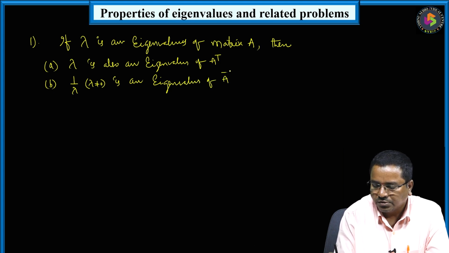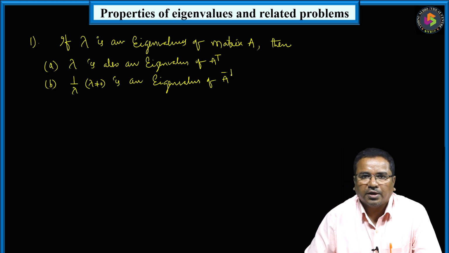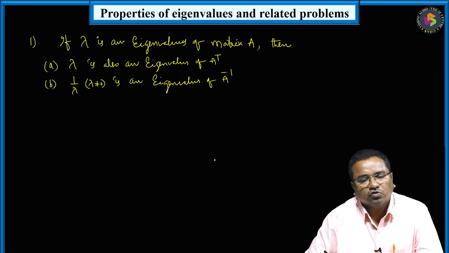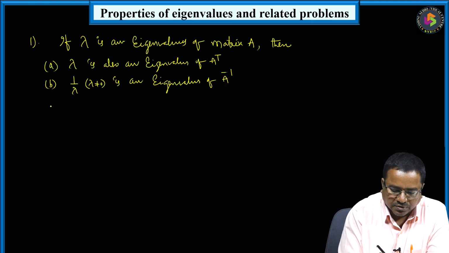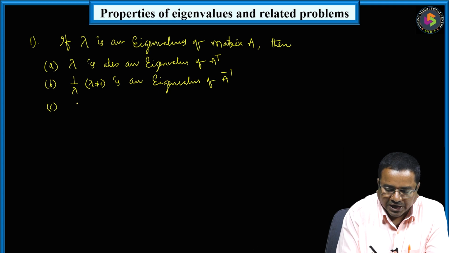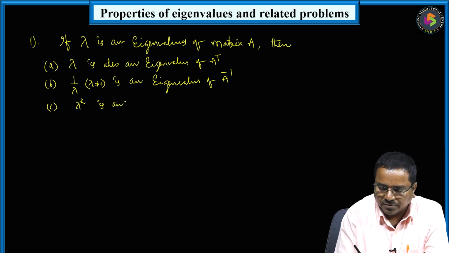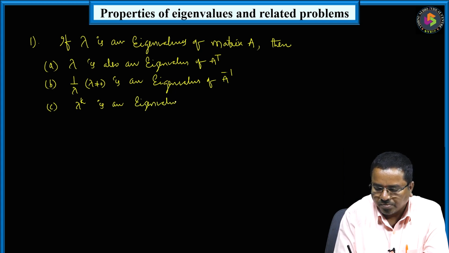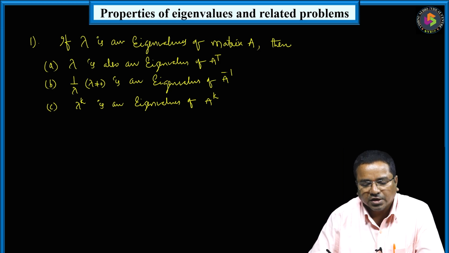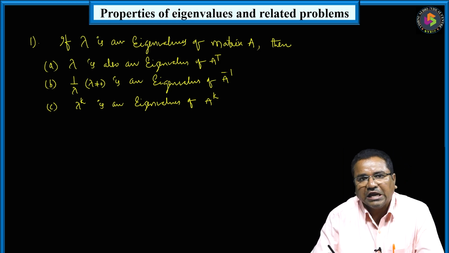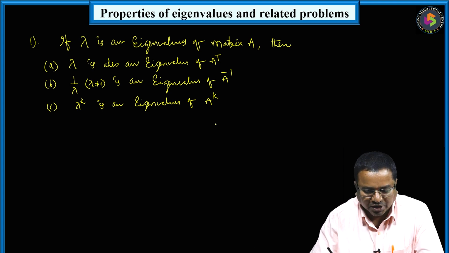So if you know the eigenvalues of A, by using this property we can calculate the eigenvalues of its inverse. The next one: lambda power k is an eigenvalue of A power k. By this property, if you know the eigenvalues of A, we can calculate the eigenvalues of a power of a matrix.